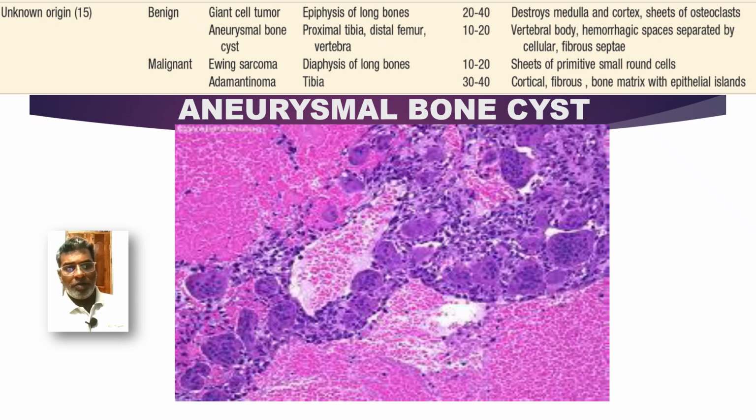Coming to adamantinoma, it is present in tibia, 30 to 40 years age group. There will be cortical fibrous bone matrix with epithelial islands. These are the features of giant cell tumor, aneurysmal bone cyst, Ewing sarcoma and adamantinoma.